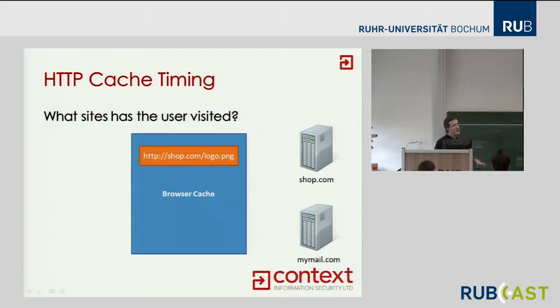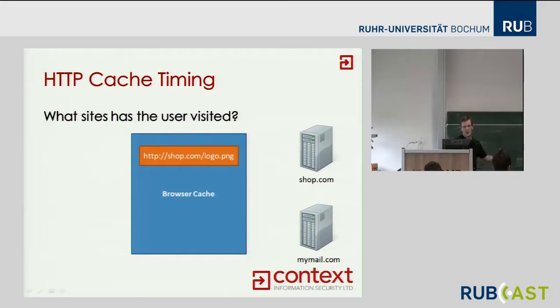So a slight variation on this attack is a cache timing attack. So every web browser has an HTTP cache, and the point of it is to speed up your web browsing, so it will save responses from HTTP requests, so that if you visit the same site again, it already has that, it doesn't have to load it back from the server.